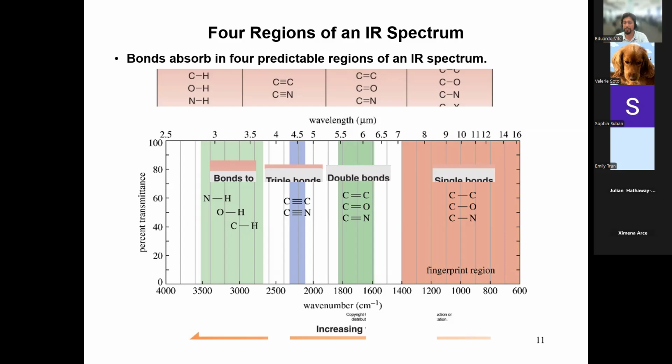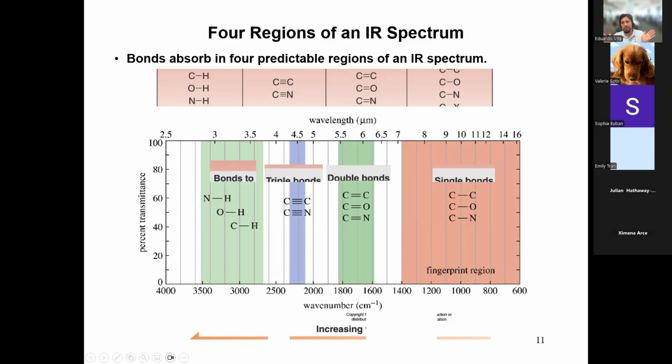So I'm starting on the right side because I want to give you guys right away the emphasis. I was taught by my professor from Yale that the fingerprint region was from 1,000 and below. And then when I was at UCLA, everybody talked about the fingerprint region as being from 1,200 and below. And then in this PowerPoint presentation, they talk about the fingerprint region being at 1,400 and below.